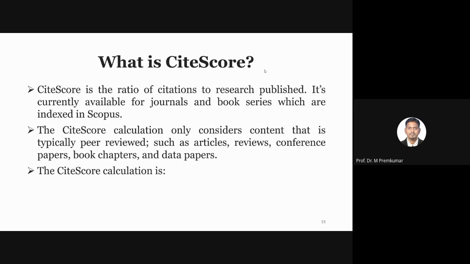But CiteScore is not like that. Whether it is a conference paper, a book chapter, a book, whatever it is, if any of the material is cited, it will be counted for the CiteScore calculation.